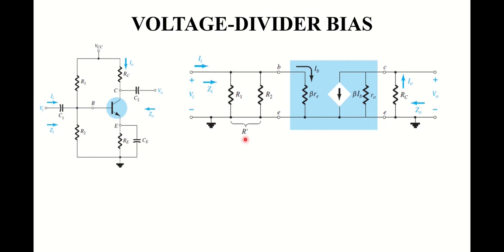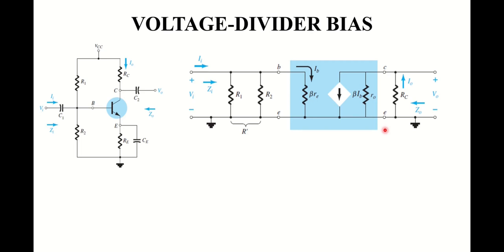Observe that all the grounds have also been made common like the previous configuration. You can also see that the output side of this configuration is exactly similar to the previous configuration, which implies that the formulas for Z0 and AV will stay the same.